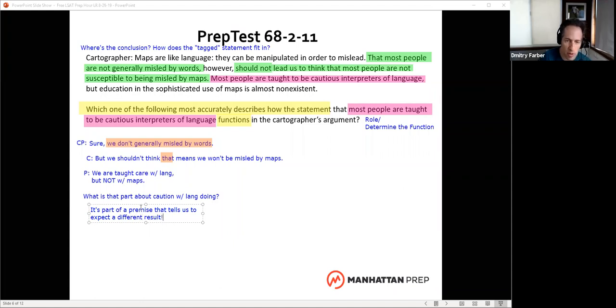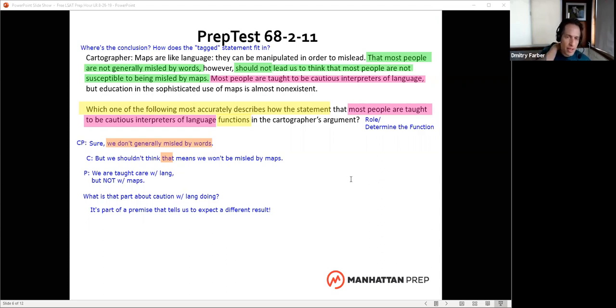Hey, people with training all learn to read. So with training, will everyone learn calculus? Someone might say, no, there could be a different result. Or, hey, people don't get misled by words. Will that happen with maps? No, we should expect a different result, because the people have training not to get fooled by words, and we don't have that training for maps.